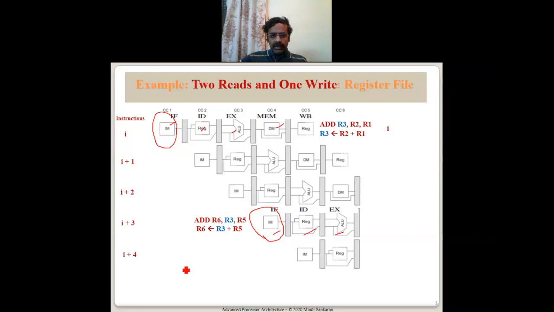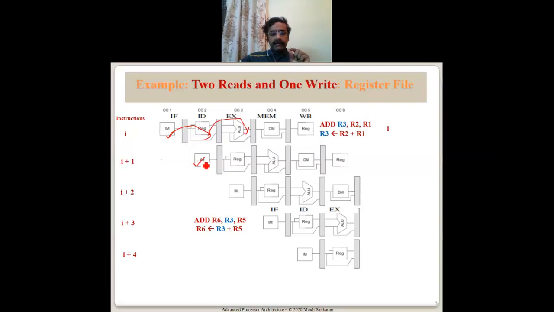It is shown in this way only to show you the stages these different instructions act on when they enter the pipeline. So if you see here, let me just explain. On the first cycle, this will be here. The second cycle, this would have moved here, and this instruction will be here. And the third cycle, this would have moved here.